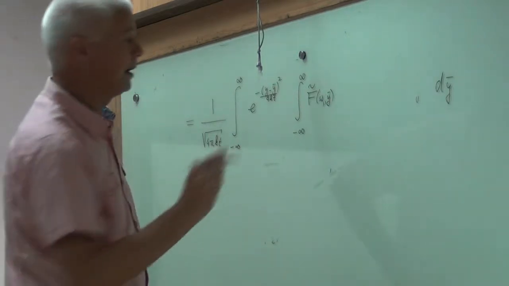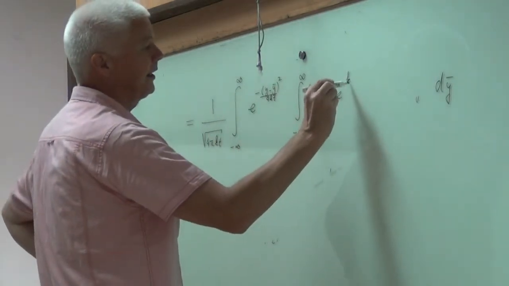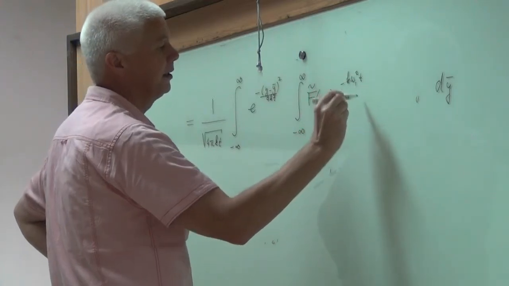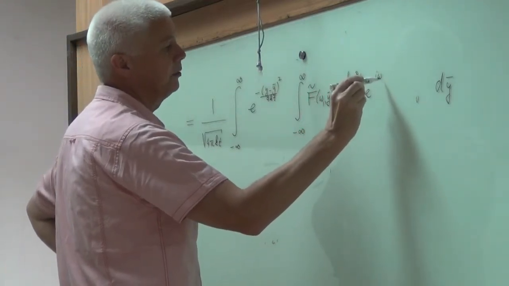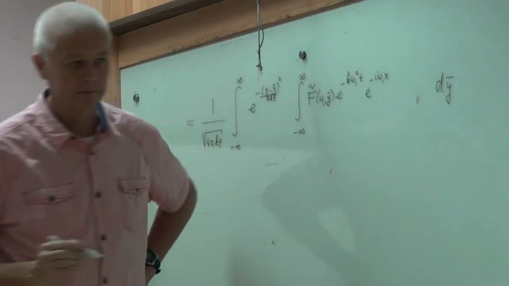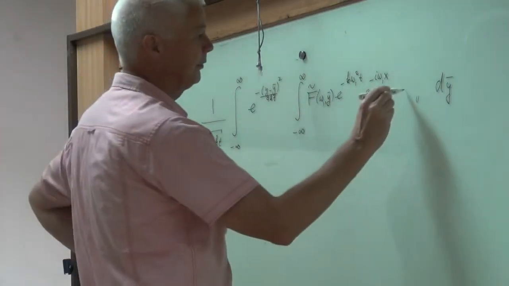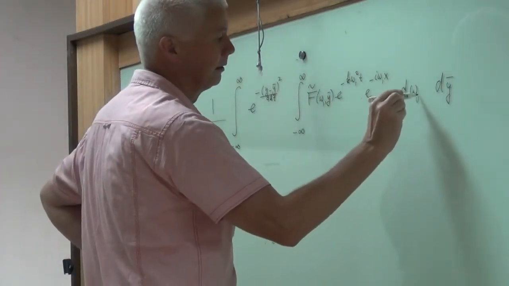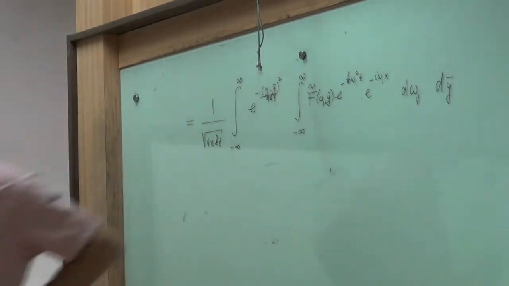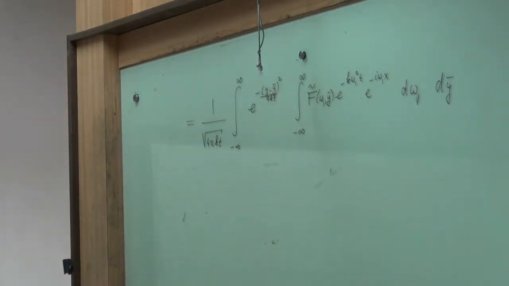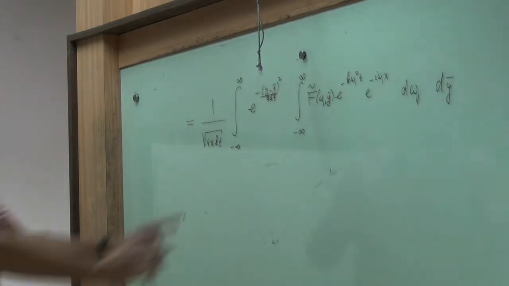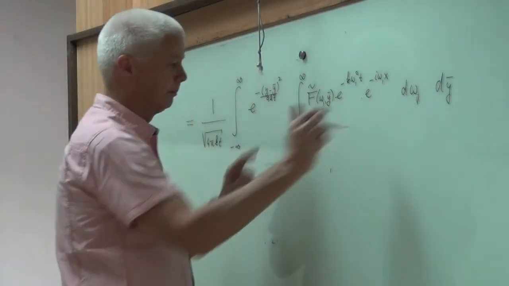Then I can write down e to the power minus k omega 1 squared t, e to the power minus i omega 1 x, and then I only have left the omega 1. Yeah, you agree? Here I have only the integration with respect to omega 1.